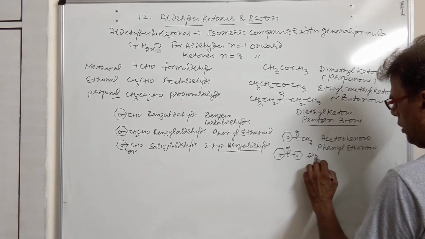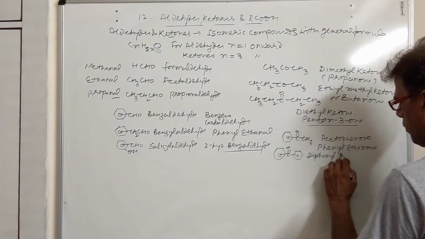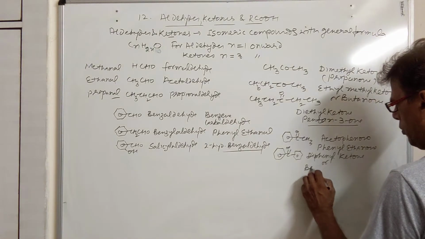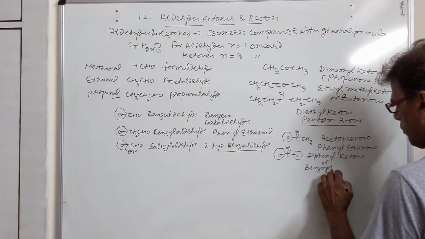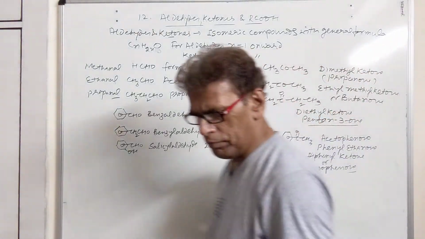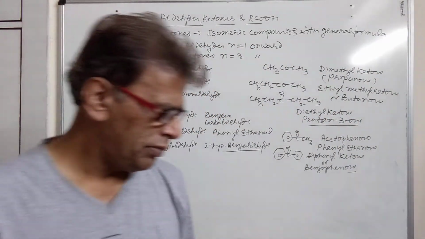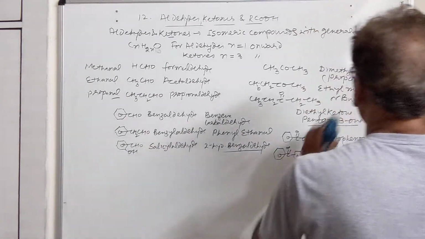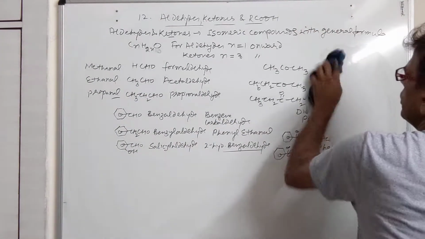It is diphenyl ketone, or benzophenone. So this is regarding the nomenclature of aliphatic as well as aromatic aldehydes and ketones.